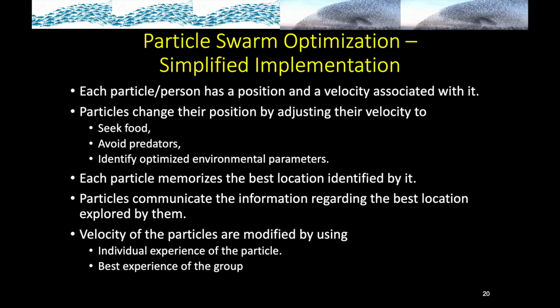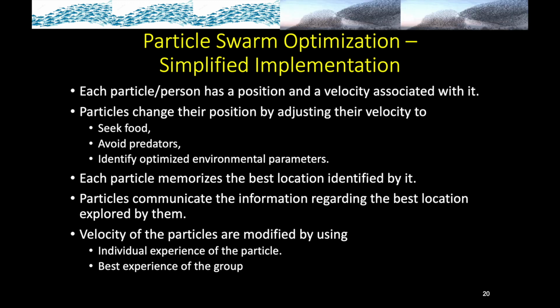As we have seen in fishes, a school of fishes may change their direction and velocity to avoid larger fishes and predators, or, as we'll probably see in the next slides, it might be used to identify optimized environmental parameters.